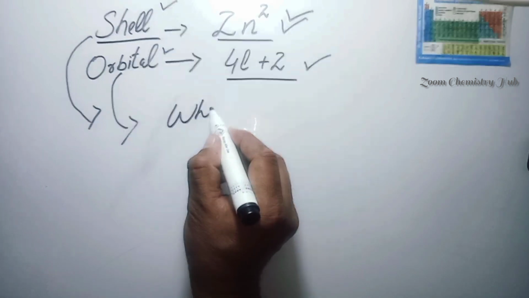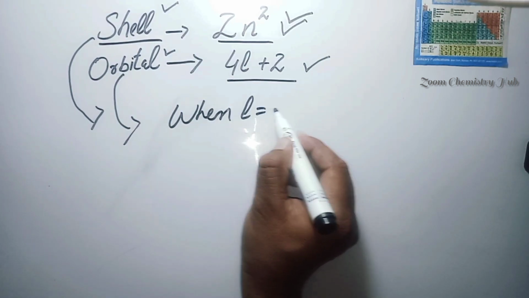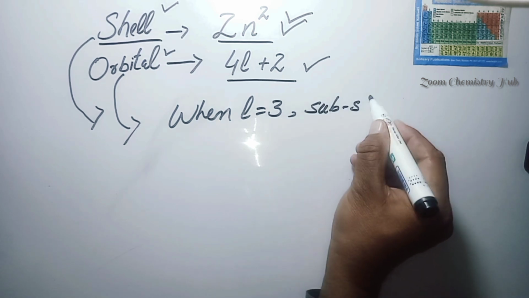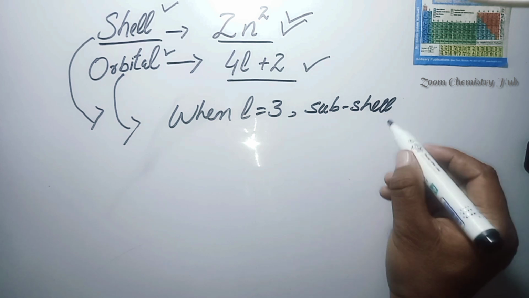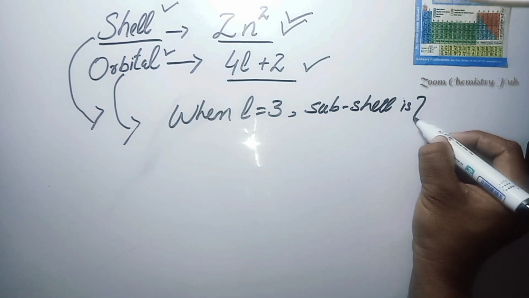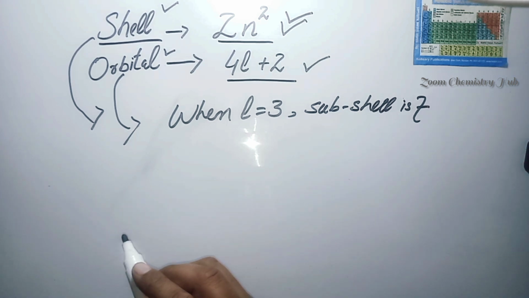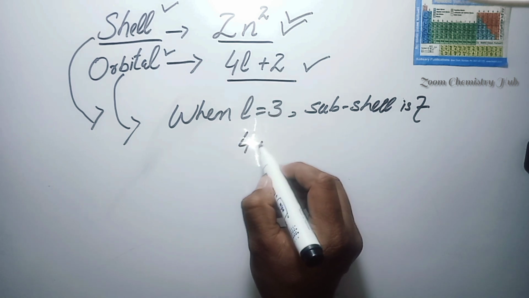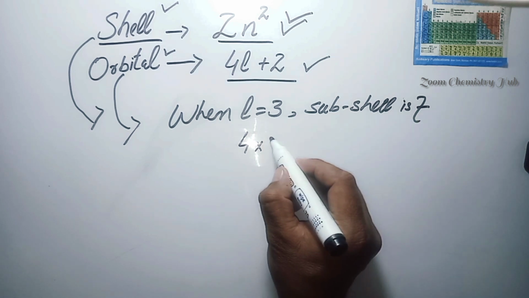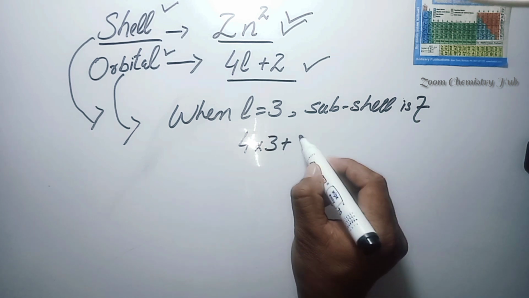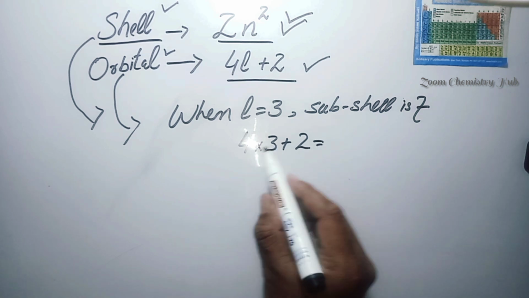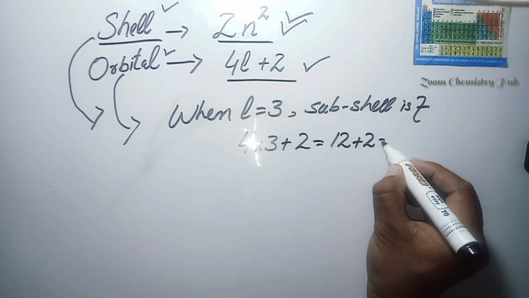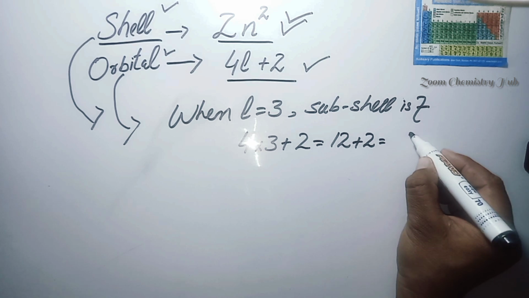When the value of l is equal to 3, then the subshell is f. So the maximum number of electrons in the f subshell is 4 into the value of l for f, which is 3, plus 2, so 12 plus 2. So the maximum number of electrons in the f subshell is 14.